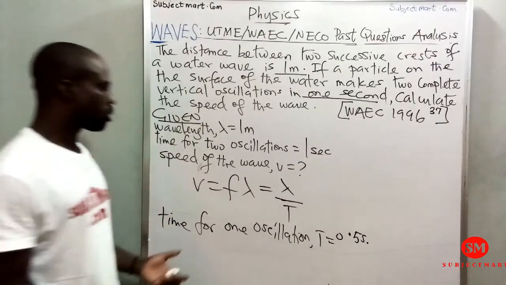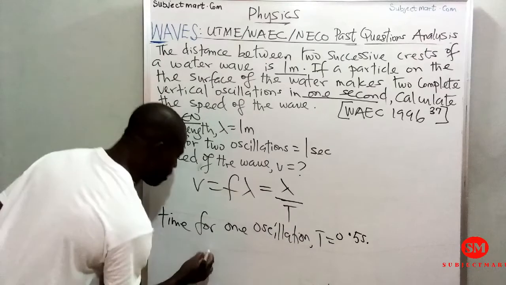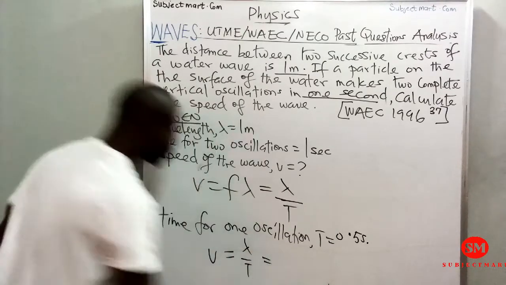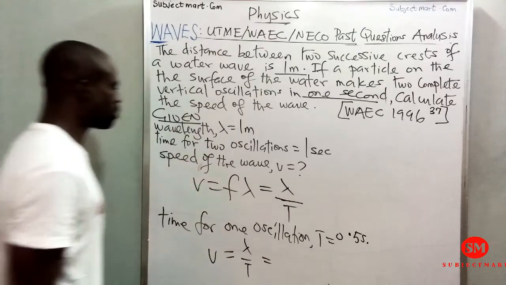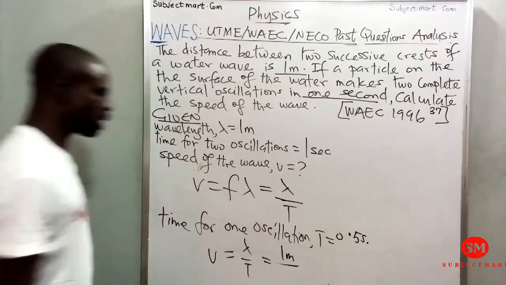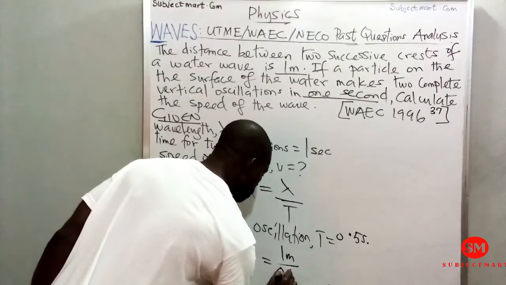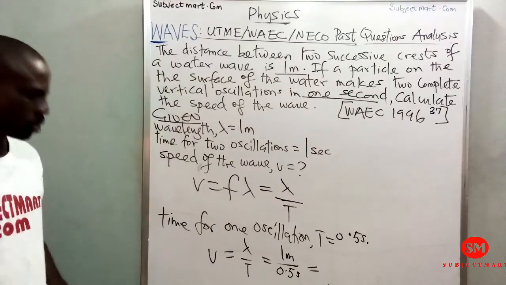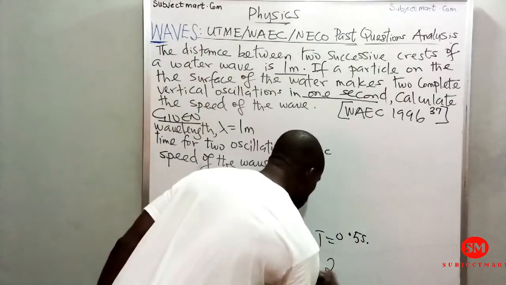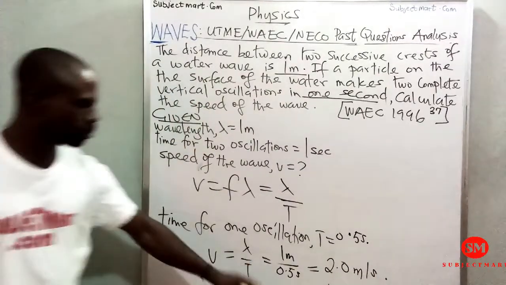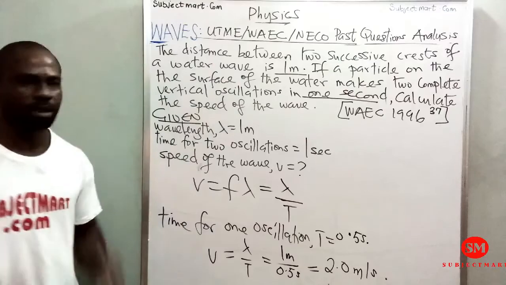So now we substitute. Our v is lambda over period. The wavelength is 1 meter, and the period is 0.5 second. If we divide these two, that will be 2.0 meters per second. So the speed v is 2.0 meters per second.